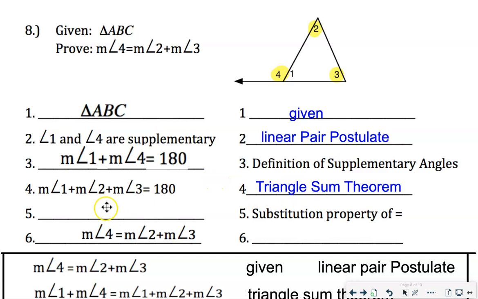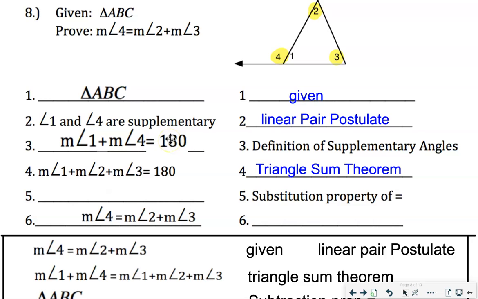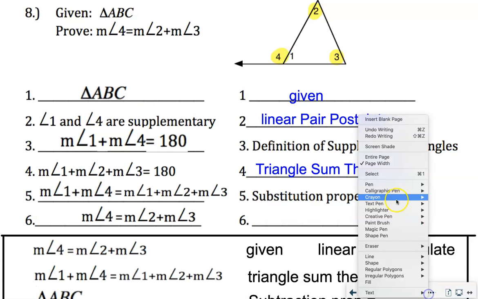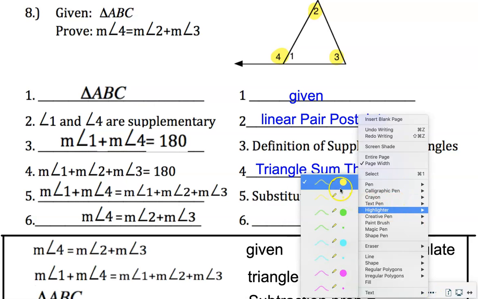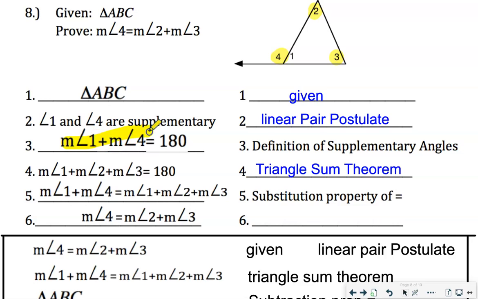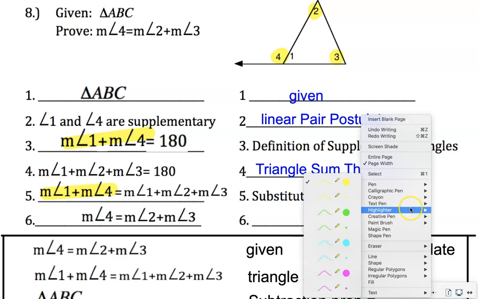Okay, and then lastly, finishing up this proof, now I have two things that equal 180, this chunk and this chunk, kind of a transitive idea. This was equal to 180, now that's here. And I have that this part equals 180.